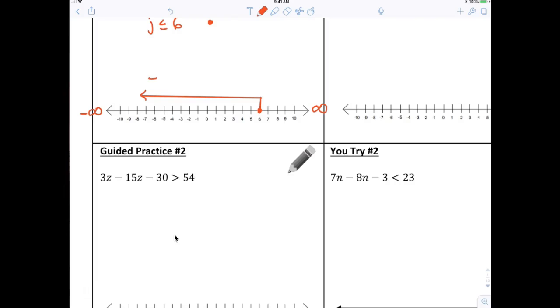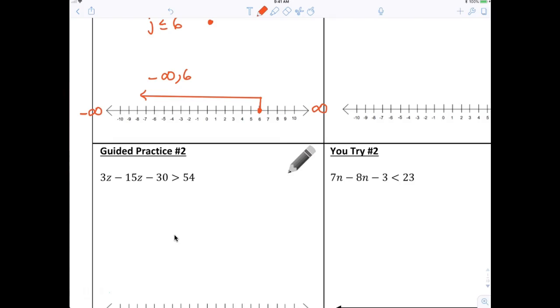We read numbers from left to right. So we start at negative infinity, and we go all the way to 6, and we stop at 6. Now, is negative infinity really a number? No, it's kind of like an idea.